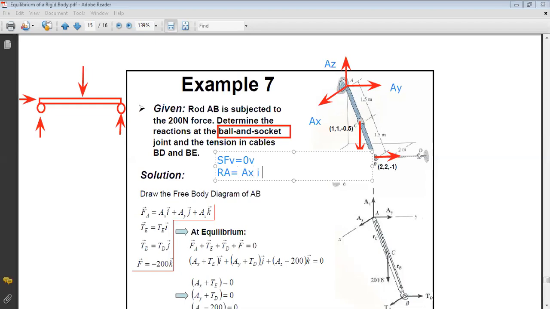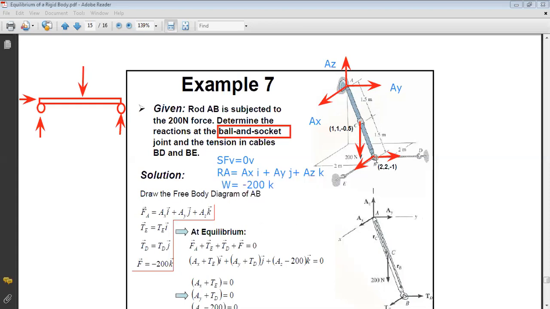So it's AX i plus AY j plus AZ k. Now, for the weight, I know everything about the weight. It's vertical downward of magnitude 200 Newton. So the weight W is equal to minus 200 k.